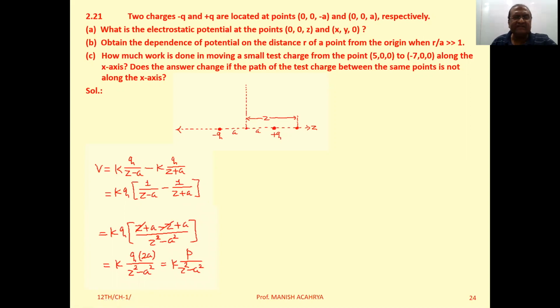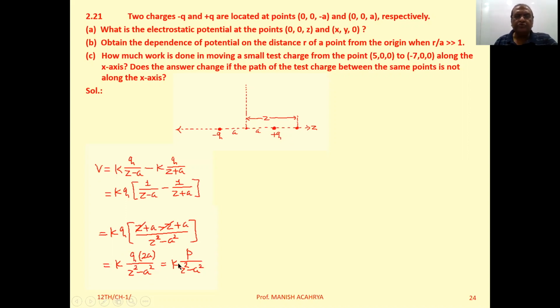Now by taking LCM, simplify this one. So kq times (z plus a minus z plus a), and in the denominator (z minus a) into (z plus a), which we can write as z square minus a square. Now z cancelled. So kq times (a plus a), that is 2a, upon z square minus a square.